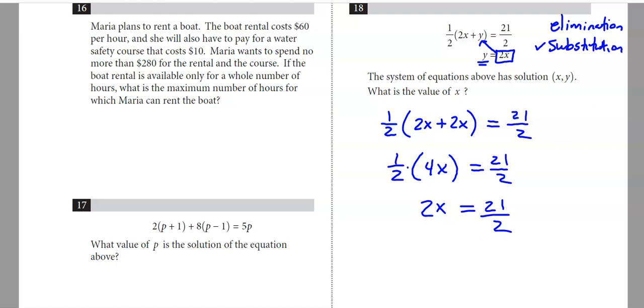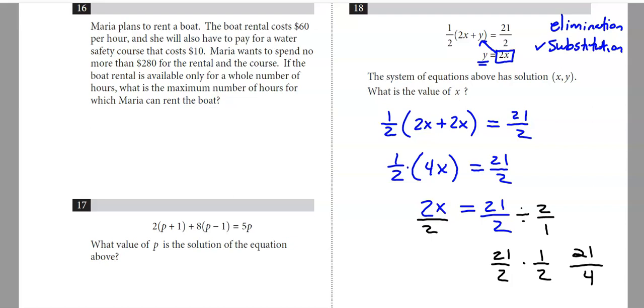And then now I need to divide both sides by 2. So divide by 2, divide by 2, which is really 2 over 1. And whenever you divide fractions, you really just keep, change, flip. So you keep the first number the same, you change and you flip, and we get an answer of 21 over 4.